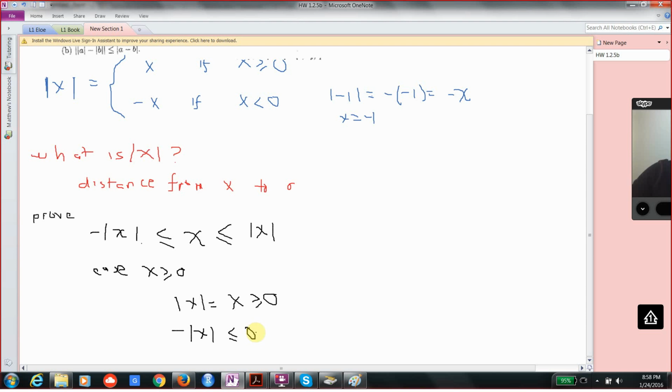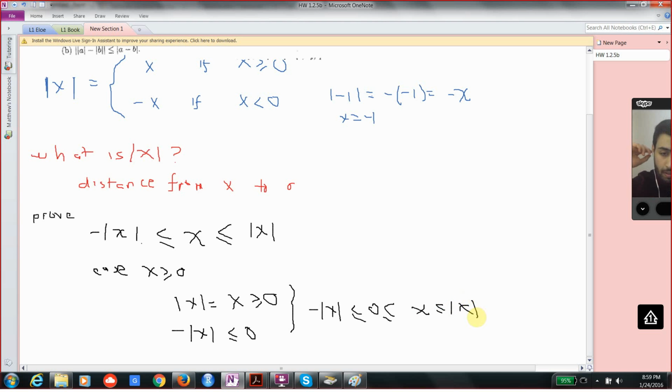So now I can put this all together: negative absolute value of x is less than or equal to 0, which is less than or equal to x, which is less than or equal to absolute value of x.